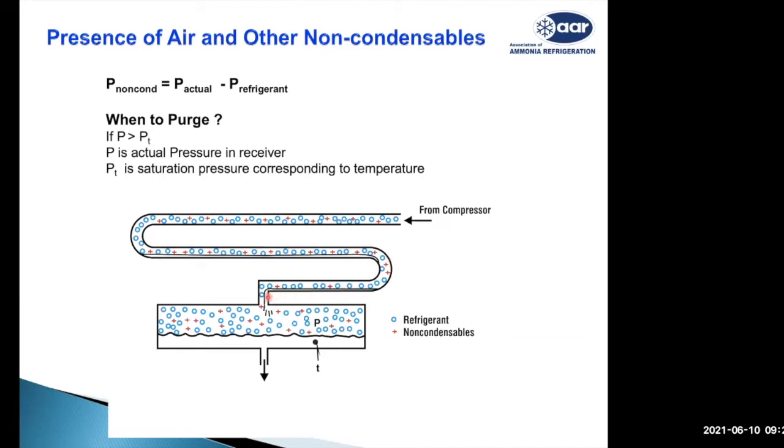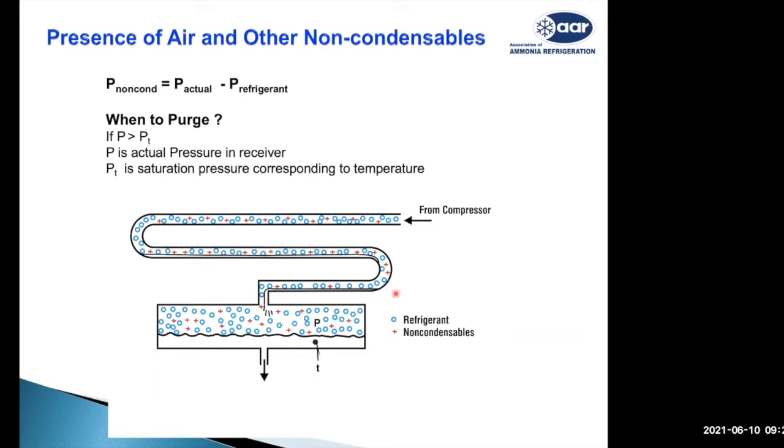When it becomes a liquid, the air does not get condensed, because air does not condense in that operating pressure range. So what we have here is a combination of liquid and non-condensable gases.